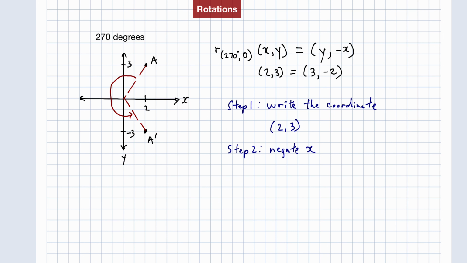So we're going to write the coordinate again, except we're going to make x negated. So this is now negative 2 comma 3. And then the third step is to flip the x and y. At this point we flip the y and the x, and this becomes 3 comma negative 2. And that becomes our answer.